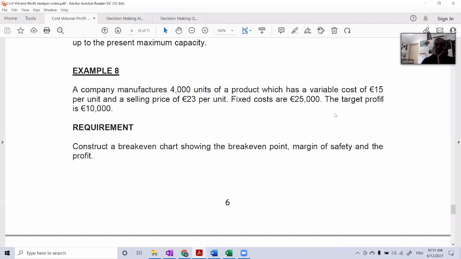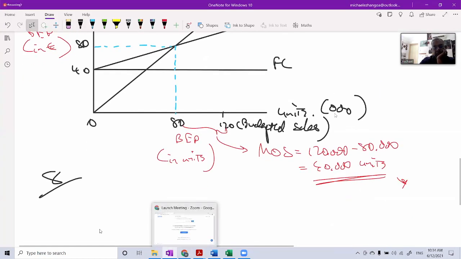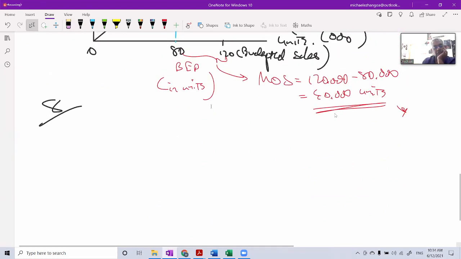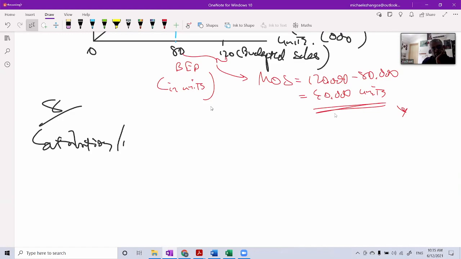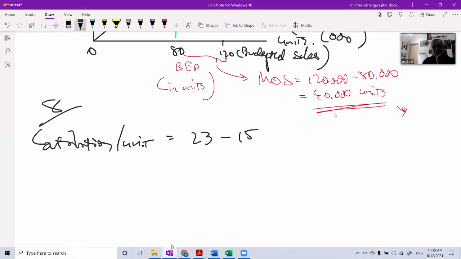Okay, selling price 23, variable cost is 15. So for example 8, we have contribution per unit 23 minus 15, 8.